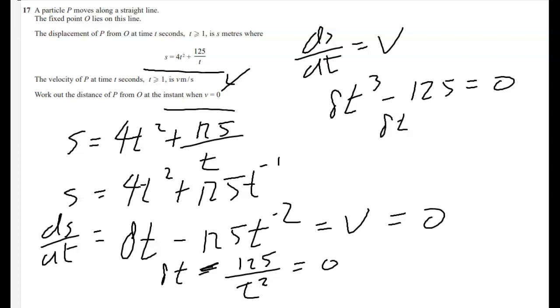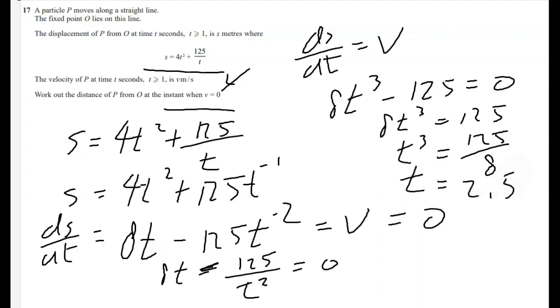So now I know 8t cubed equals 125, and then t cubed is 125 divided by 8. And eventually, I would be able to find that the value of t would be 2.5.